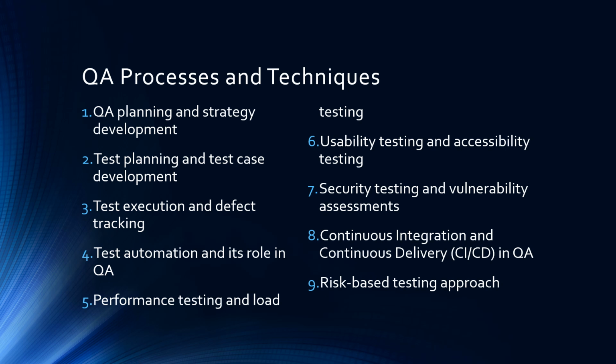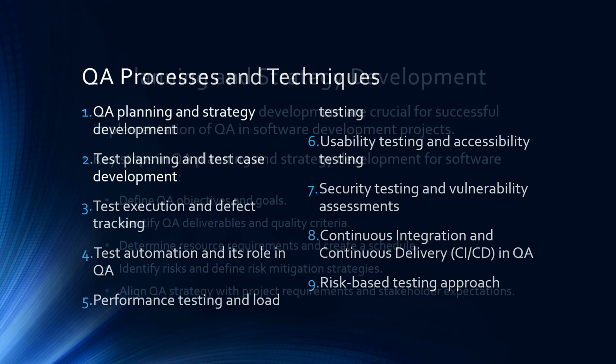Finally, we'll examine risk-based testing approaches that help organizations optimize their testing efforts while managing potential risks effectively. Each of these topics has been carefully selected to provide you with a complete understanding of modern QA practices. They represent the essential knowledge needed to implement effective quality assurance in today's fast-paced development environments.